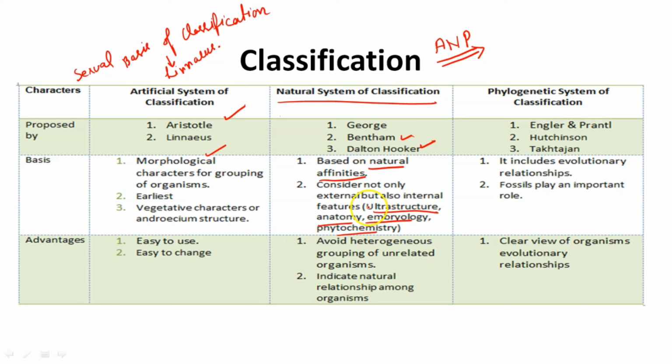Now, the very first time evolution is considered is in the phylogenetic system of classification, right? This is given by Engler and Prantl, Hutchinson and Takhtajan. They have all given their classifications with modifications, and the most important is our evolutionary relationships, which is the biggest advantage of this classification system.